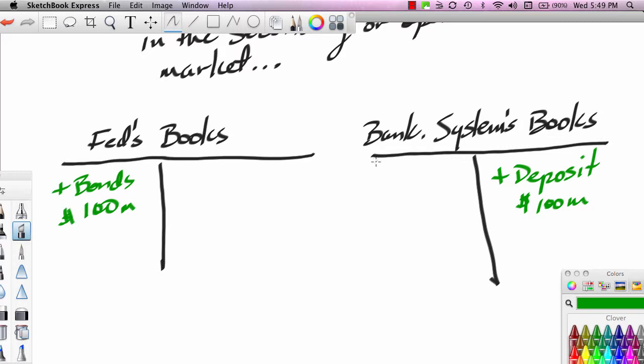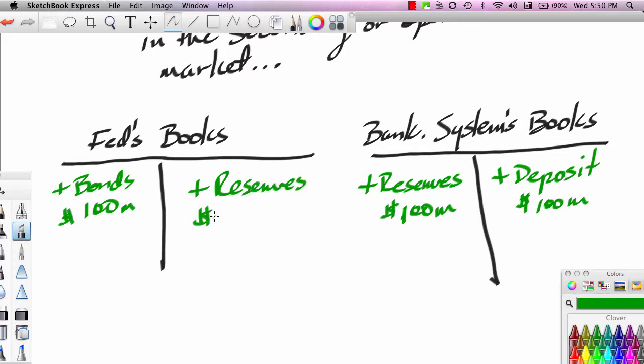Now, that $100 million deposit, like any deposit, is going to create reserves, and in this case it's going to be 100 million. And those reserves are going to show up over here on the Fed's books as a liability. It's almost as if, well, it's not almost as if, it is as if those reserves are on deposit with the Fed.